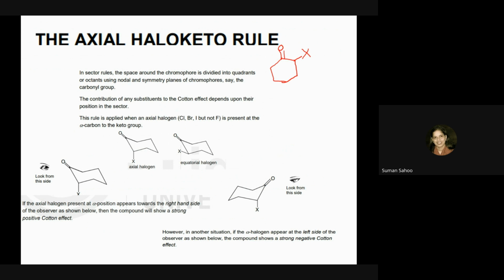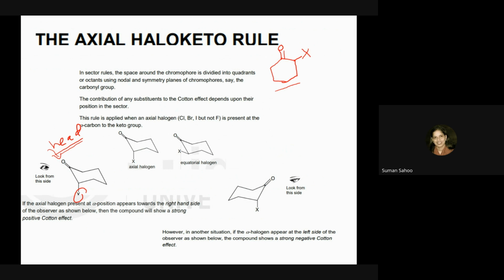So according to this rule, when you look at this molecule from the head of the chair conformation, if the axial halogen group is present on the right hand side, then that is going to give you a positive Cotton effect.